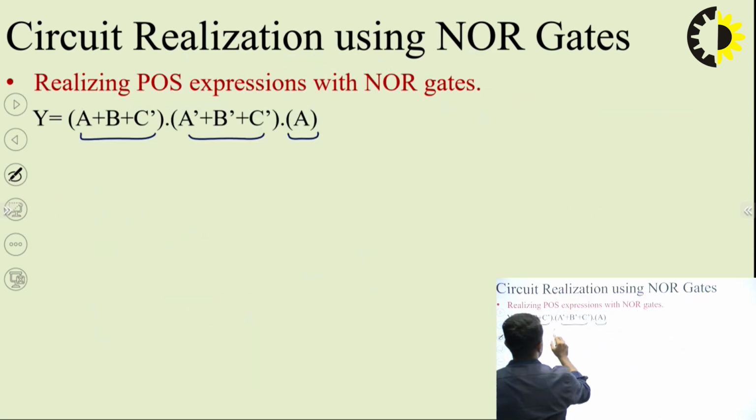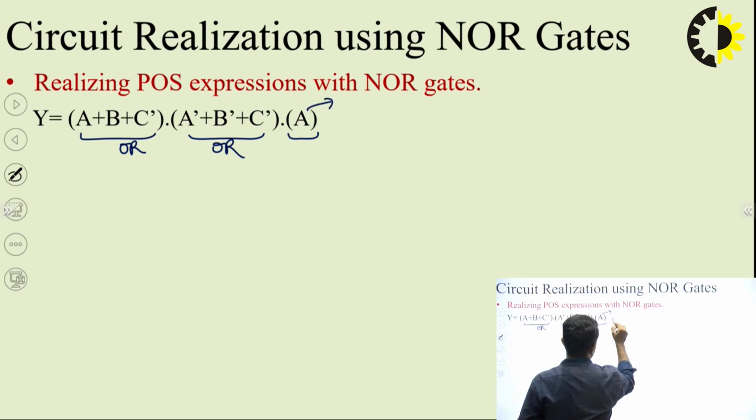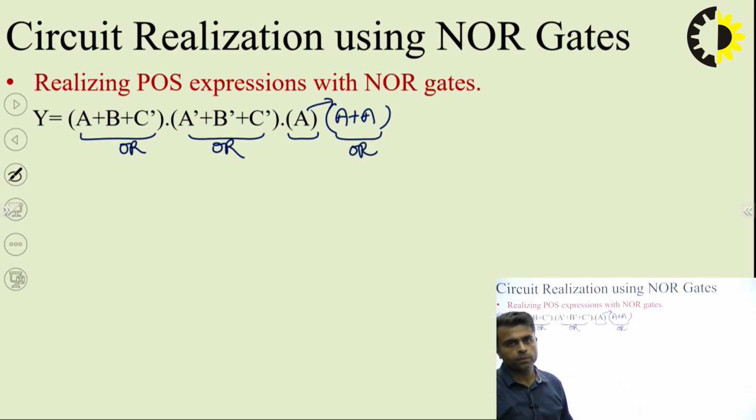So here you can see that this is an OR gate, this is an OR gate, but this is a single variable. So this cannot be an OR gate. But we can replace this A with A plus A, which is equivalent to A only. But now this A plus A is equivalent to an OR gate.